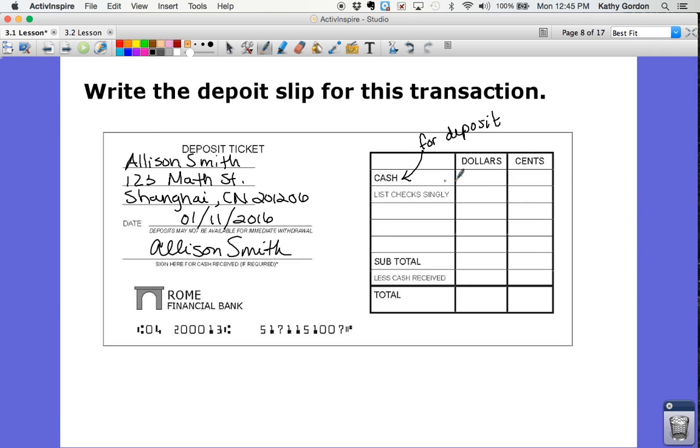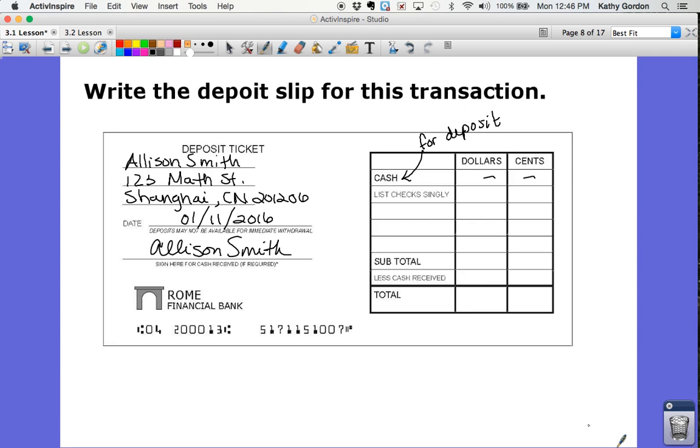So this first line for cash is if you want to deposit cash. The cash that we're going to take out goes down here. The less cash received line is the amount of any cash that you want back. Okay, so keep that straight, which cash is which. We don't have any cash that we're putting in at this point, so we're just going to leave that blank, or you can draw lines in it like that to show that, nope, I don't have any cash.